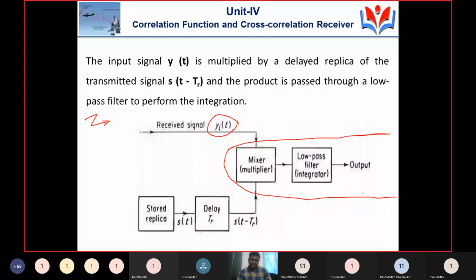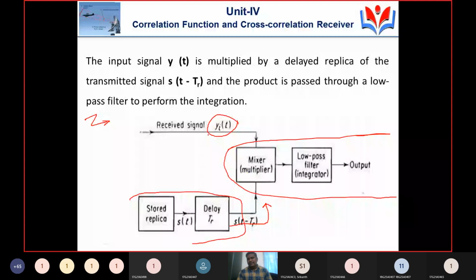So this is the transmitter section of the radar. From the transmitter section, we are supplying S of T minus TR as one input. Another input is the received signal. Just by taking multiplication here, followed by a low pass filter, we will have the output.